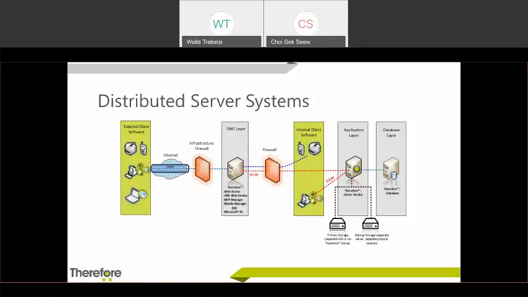And when the external client communicates with the DMZ, the DMZ will just share data from the application layer where your Therefore is. The DMZ, just for you to know, is a demilitarized zone, and it is a subnetwork that is separate and isolated from the local network by a firewall.